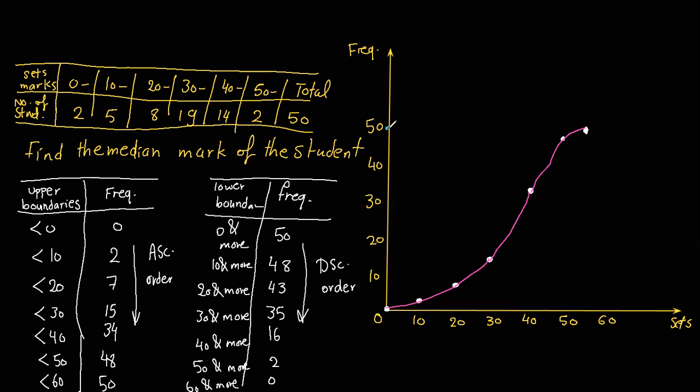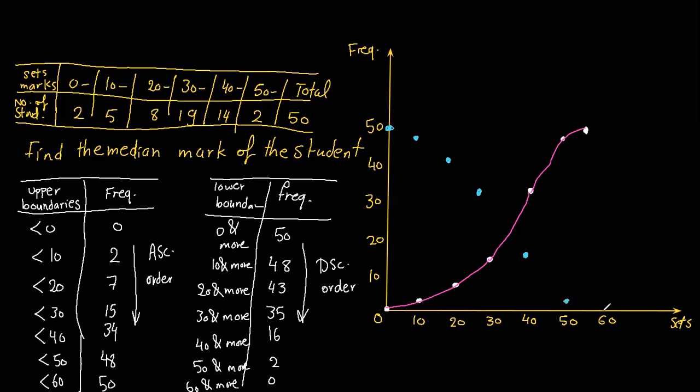So 0 will be 50, 10 will be 48, like here, then 20 will be 43, so our values will differ. Then 30 will be 35, and 40 will be 16, it will be the value of 16. Then 50 will be 2, like this.